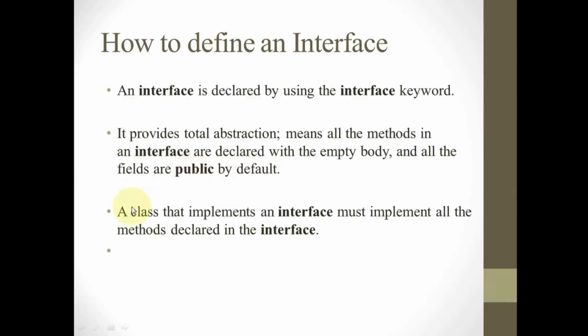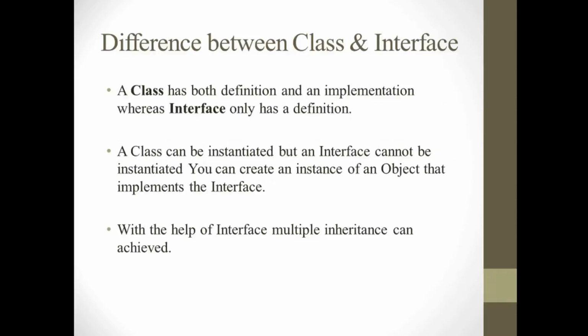A class that implements an interface must implement all the methods declared in the interface. It will first be inherited in the class, then we implement those methods, as we did in our last lecture using the abstract class.